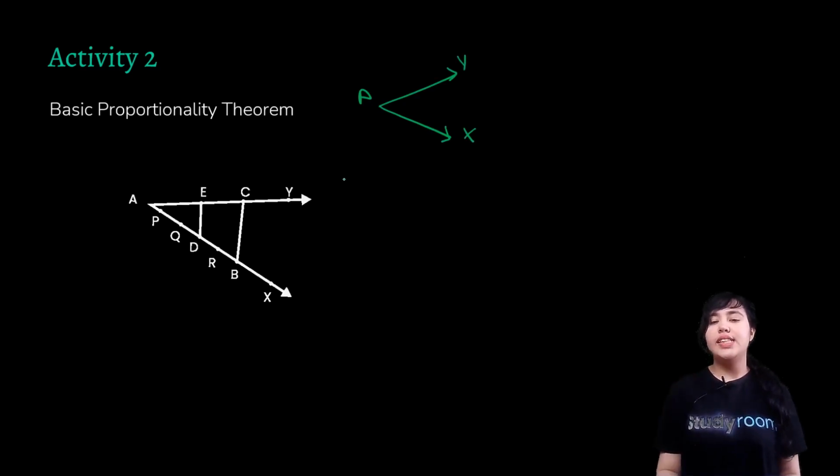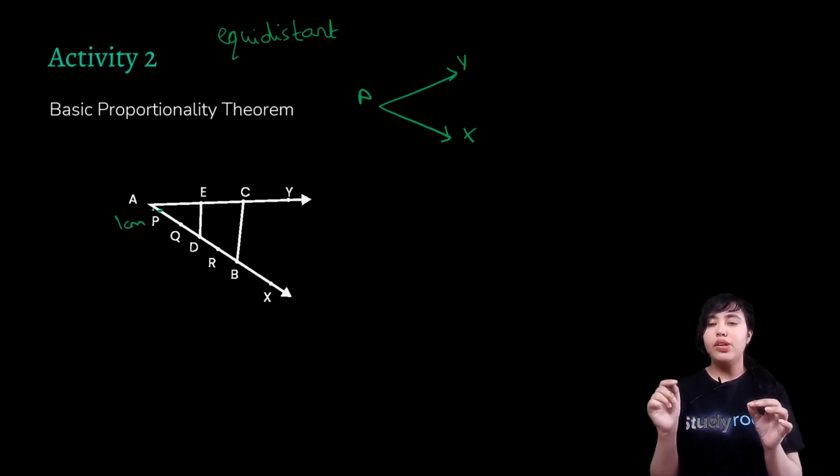Now you have to take this arm AX and you have to plot some points over here. And these points have to be equidistant. So equidistant, as the name suggests, means equal distance. So all these points should be at the same distance from one another. So we take a point P over here. Okay, let's say AP, this distance is 1 centimeter.